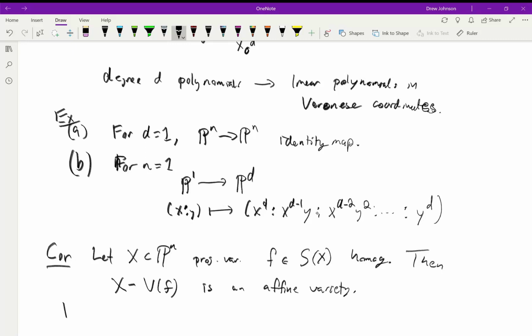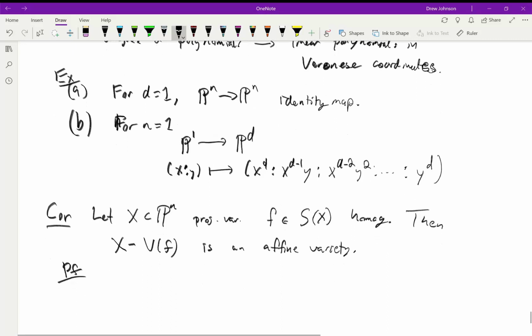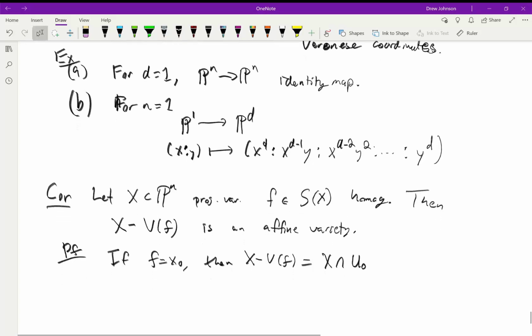All right, let's do the proof. Let's do the easiest case first. If f equals x0, then X minus the vanishing of f is just equal to X intersect U0, where U0 is this standard affine open set that we talked about earlier. This is the set where x0 is not 0, right? And we checked earlier that that was affine. U0 is isomorphic to An, so X is now a closed subset of An. All right, so that's an affine variety.